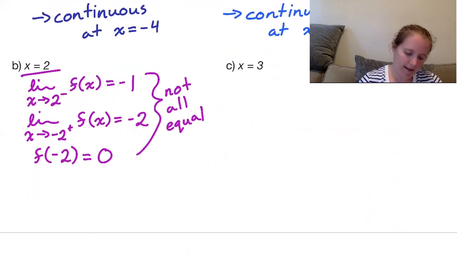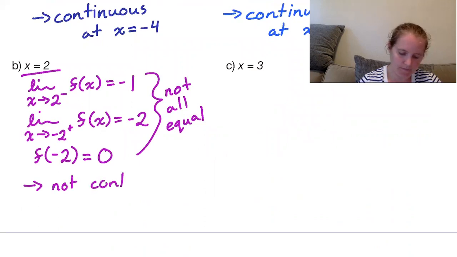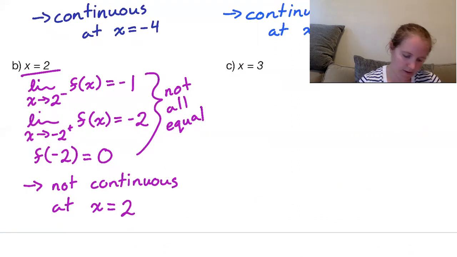So it's not continuous at x equals 2. So in this case, the limit did not exist, right?